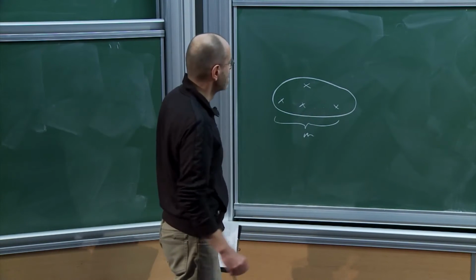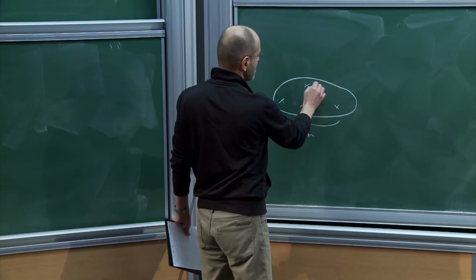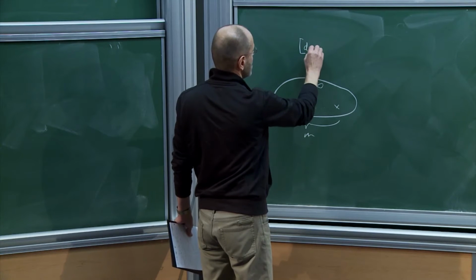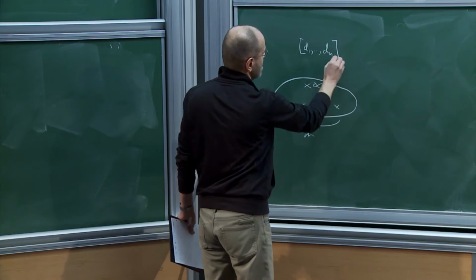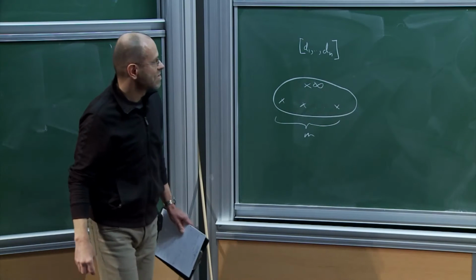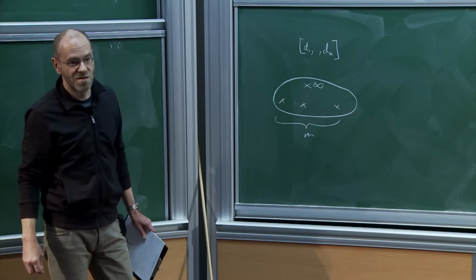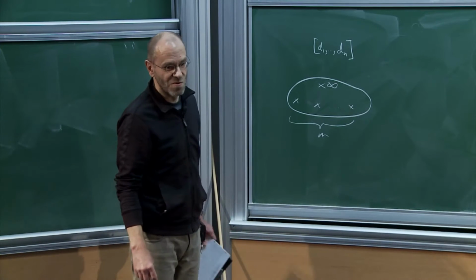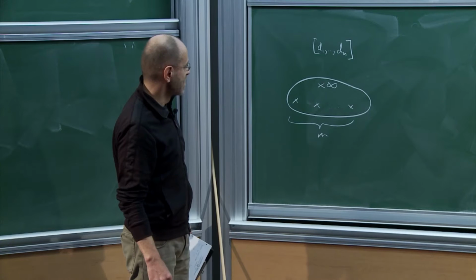You fix an arbitrary profile over infinity, say d1 to dn. dn is the number of preimages of infinity, and di's are the corresponding ramification orders at the points of the preimage.